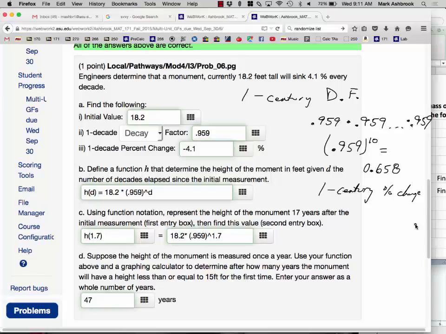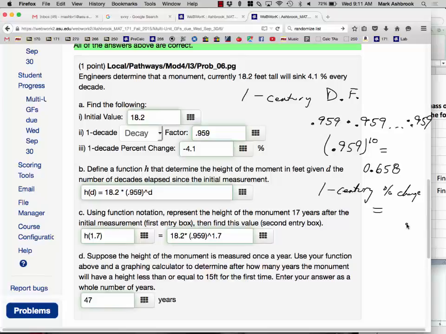So what's the 1 century percent change? Okay, yes.